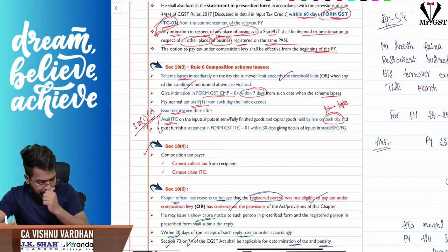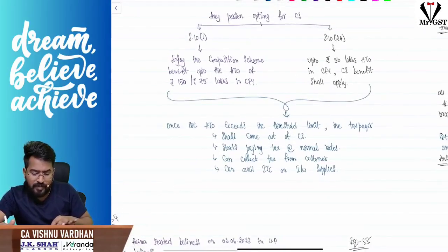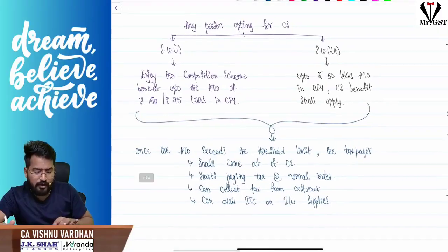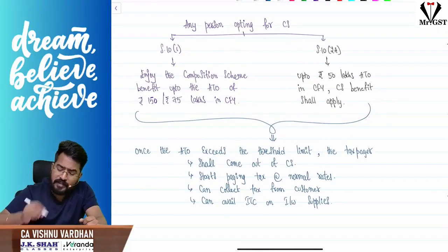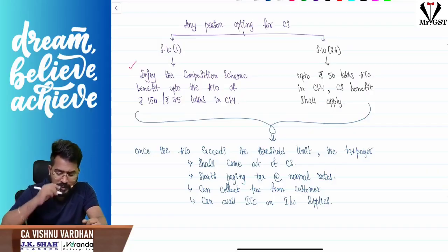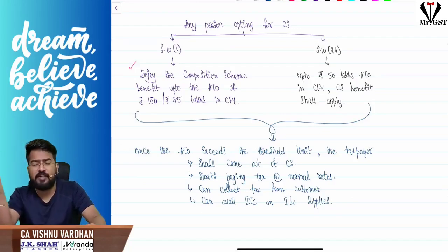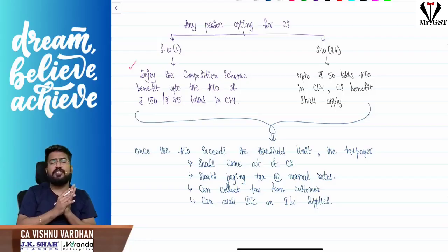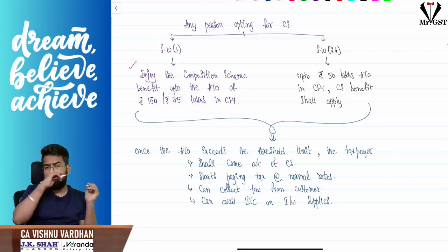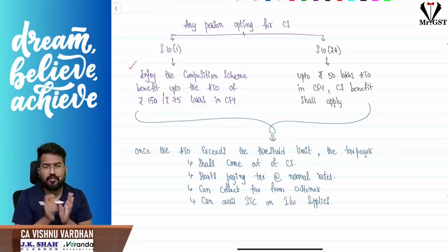And here one another point I wanted to share with you, as I was telling, sir, if you are going for composition scheme, once your aggregate turnover exceeds the threshold limit of 150 lakhs or 75 lakhs, as the case may be, or 50 lakhs, in the current financial year, that means composition scheme benefit is not lifelong. Sir, when your aggregate turnover in the preceding financial year does not exceed the specified limit, in the current financial year you can go for composition scheme.